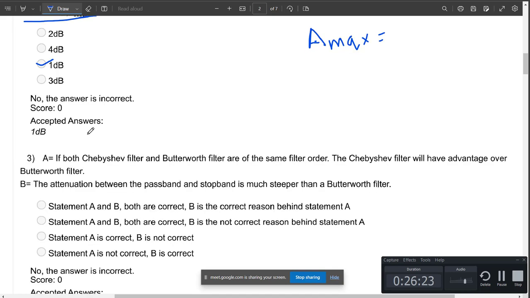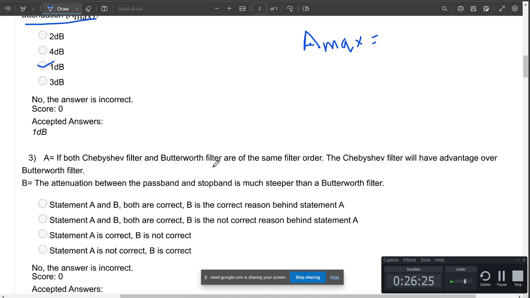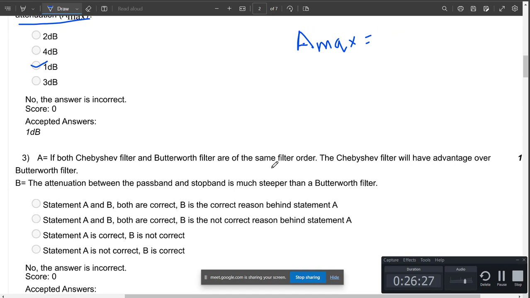If both Chebyshev filter and Butterworth filter are of same filter order, the Chebyshev filter will have advantage over Butterworth filter. So first statement is, if both Chebyshev filter and Butterworth filter are of same filter order, it is saying that Chebyshev filter will be advantageous to use. Second statement is the attenuation between the pass band and stop band is much steeper than the Butterworth filter.